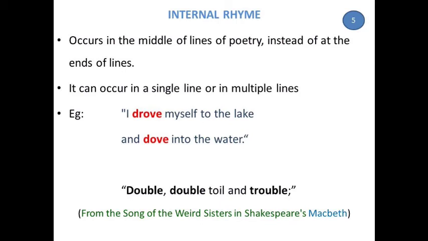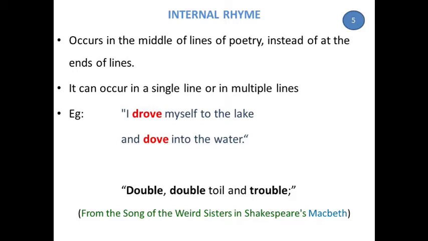The next one is internal rhyme. Internal rhyme is a rhyme that occurs in the middle of lines of poetry instead of at the ends of lines. A single line of poetry can contain internal rhyme, means with multiple words in the same line which rhyme with each other, or the rhyming words can occur across multiple lines also.